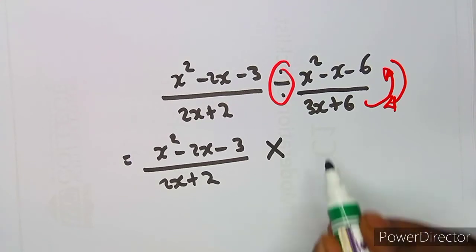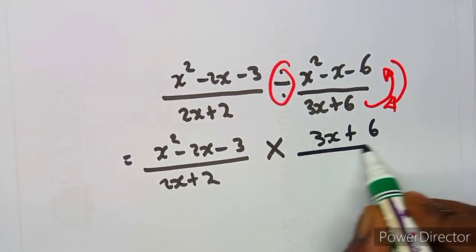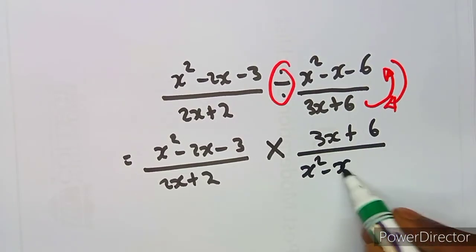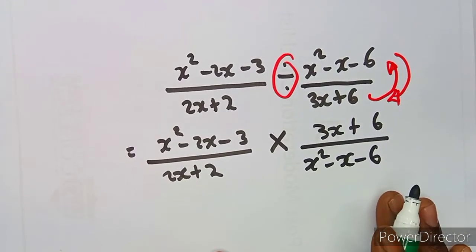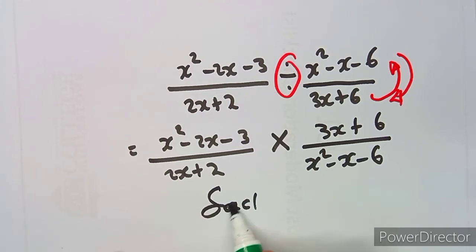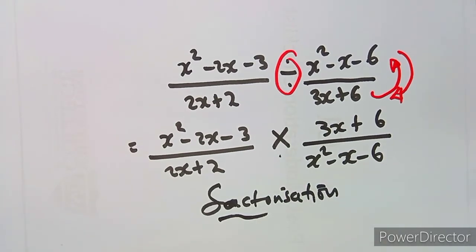That's now 3x plus 6 on top, over x squared minus x minus 6 below. Please make sure you do this first, then later on you can do your factorization. You are now free to do anything because it's now under multiplication, so it's under the concept that we had before.